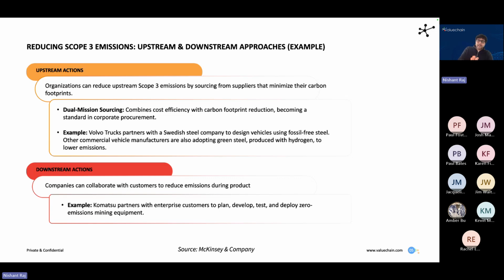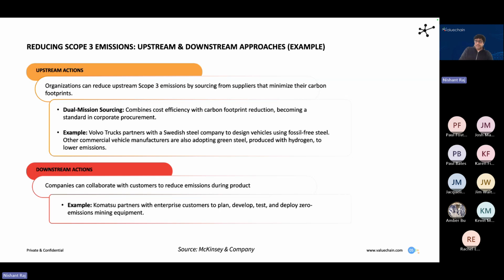When we look at downstream, again, it's key to understand, and this varies from business to business and from what products companies are making, how much impact this is causing directly to your scope 3.